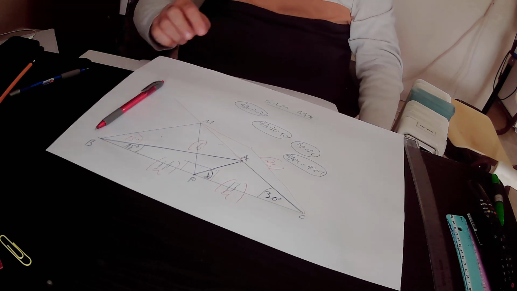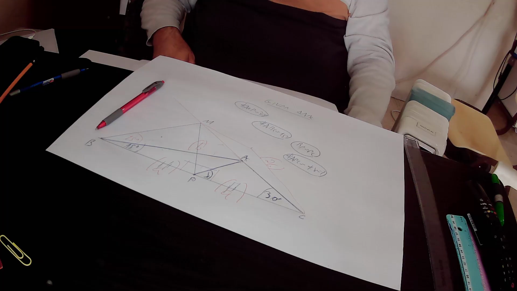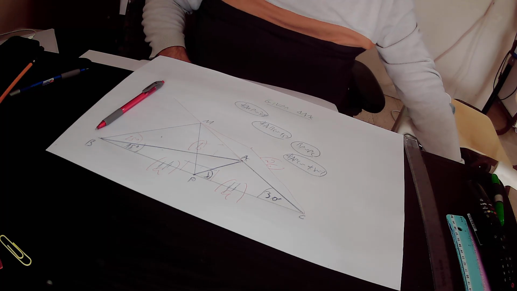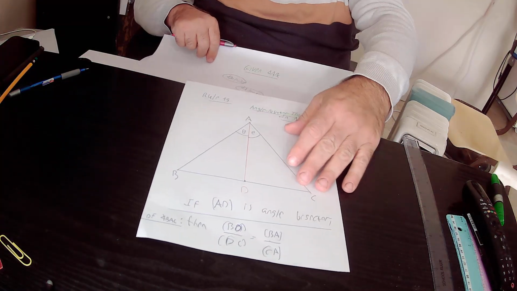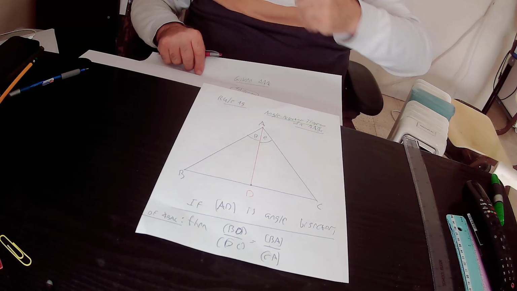Actually, the angle bisector theorem has two directions. We use both directions of the angle bisector theorem. The first direction is Rule 19. According to Rule 19, this is triangle ABC.